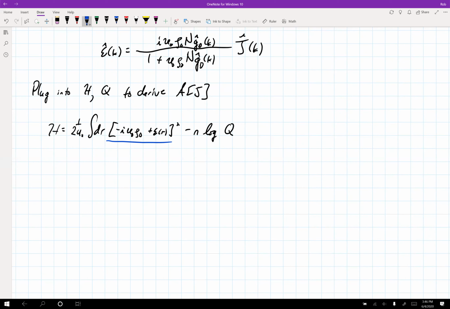So we have this first term is just 1 over 2 u naught integral dr. And then we can multiply out this quadratic. So the minus signs multiply each other and go away, but then we have i squared, so we pick up another minus sign. So that's going to be minus u0 squared rho 0 squared.